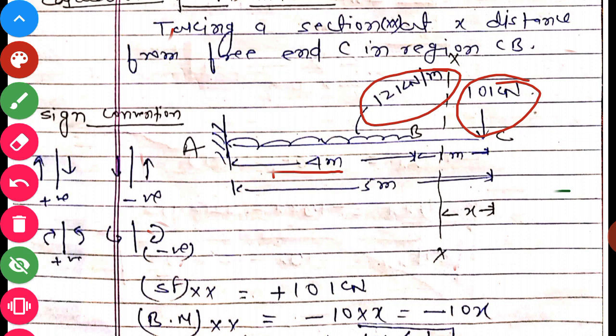In a particular region BC we take the section XX as in the previous lecture, and take distance x from end C, because in a cantilever beam we take the section XX from the free end, that means end C. In every region we take the distance from the free end. Remember it: in every region we take the distance from the free end. So in that section we take a section at distance x from end C.